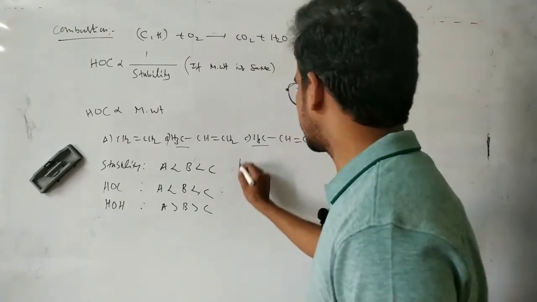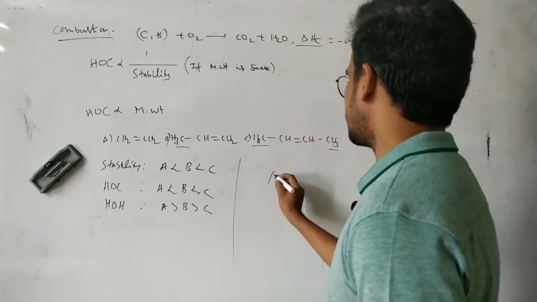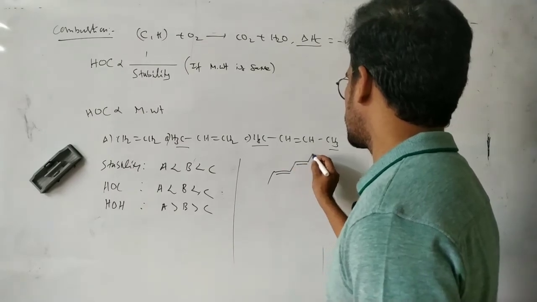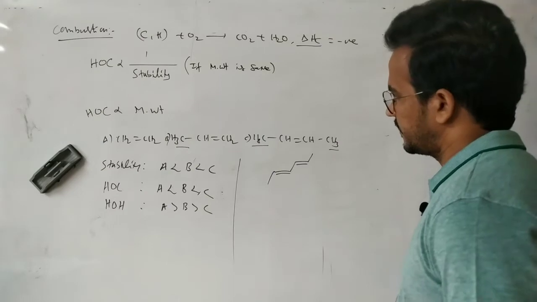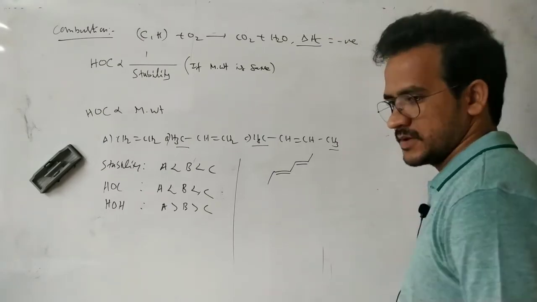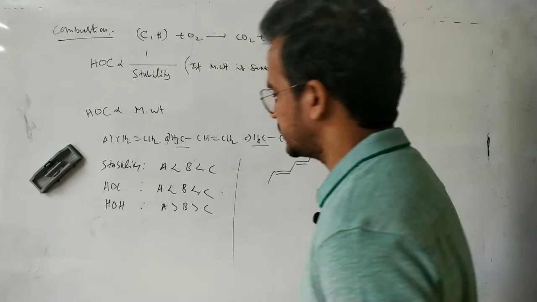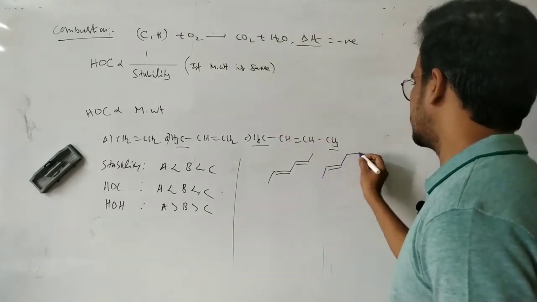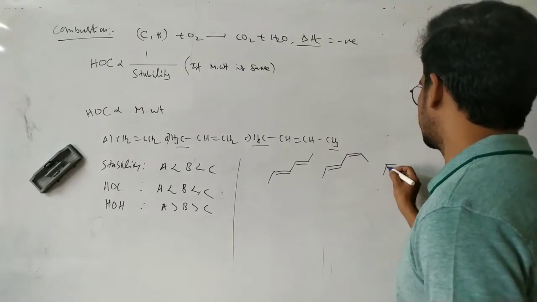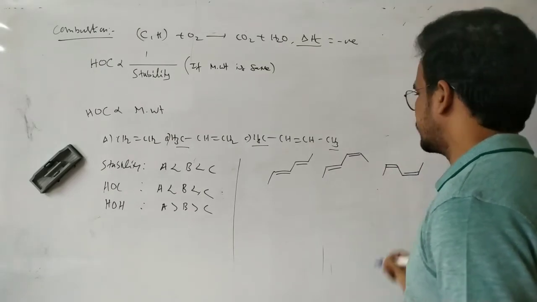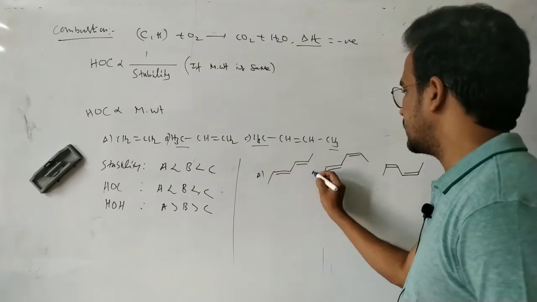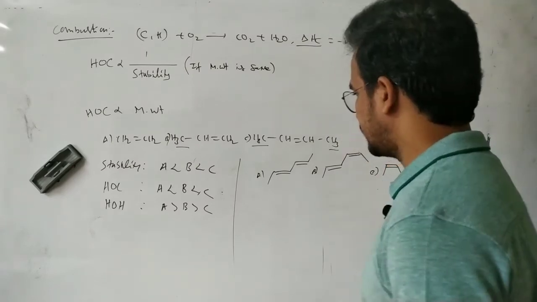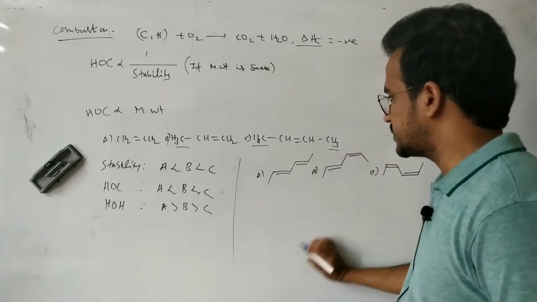Or suppose another example. There are 3 alkenes, A, B, C. This was a JEE Mains question last year, I think in the March or February session.